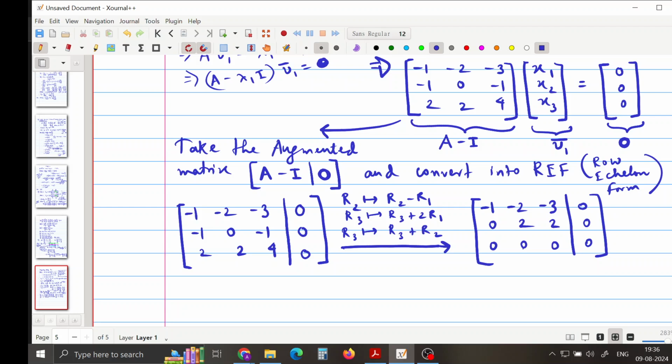Okay, so you see you have simplified this augmented matrix. You have introduced an entirely all 0 row in the third row, so that's the advantage.